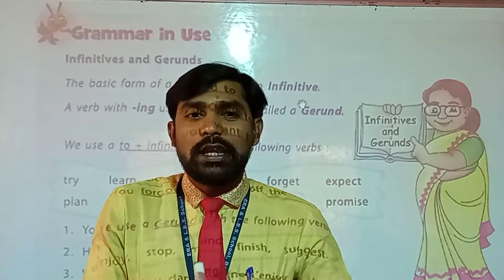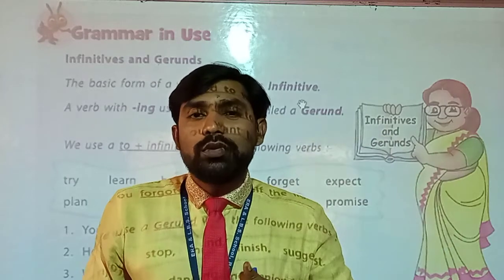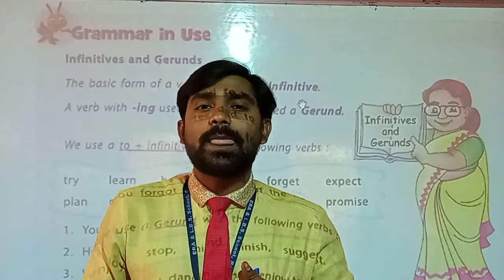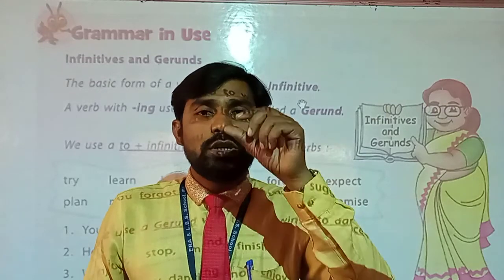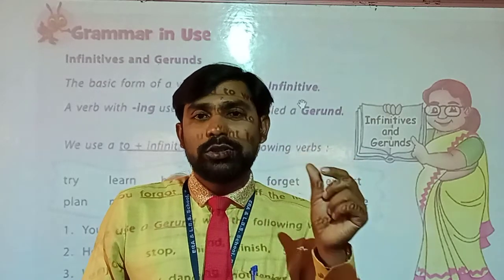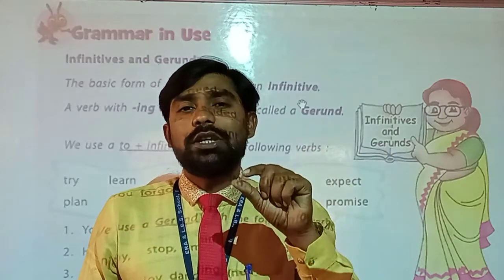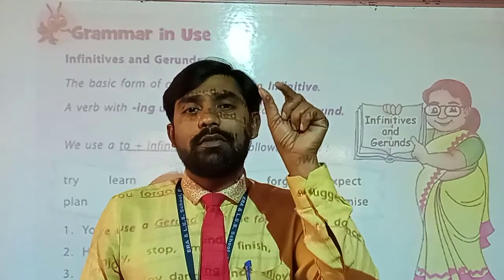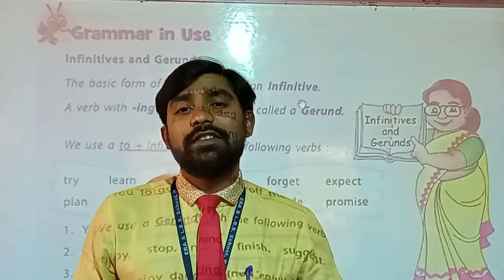Then I will say I want to come with you. I want to speak something. I want to play with you. So to play, to speak, to come, to go, to write. When we use to plus the verb's base form, that is known as infinitive.